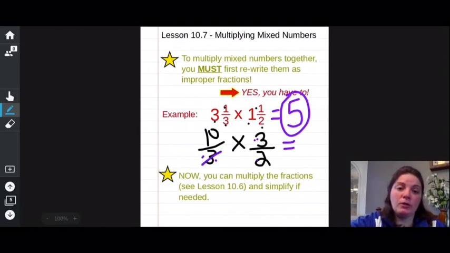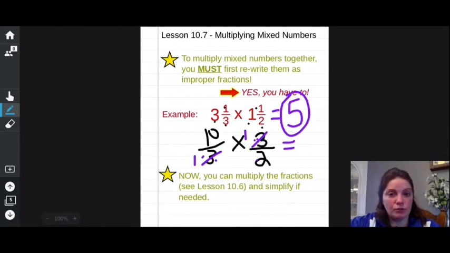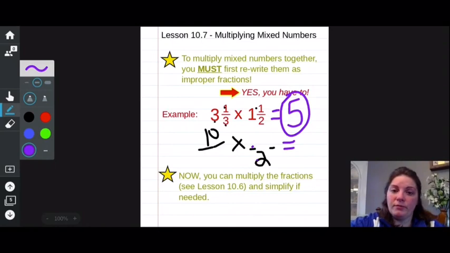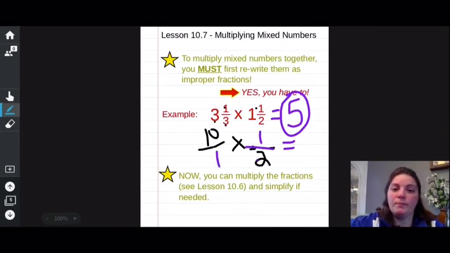So we can turn them both into 1. Whenever your diagonal is the same number, you can just scratch them out and make them 1's. So those 3's disappear. In fact, I'll erase them to show you that they have now turned into 1. Check your other diagonal. 10 and 2. Is there a number I can divide 10 and 2 by?